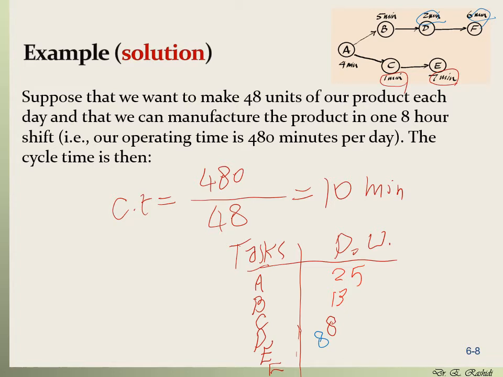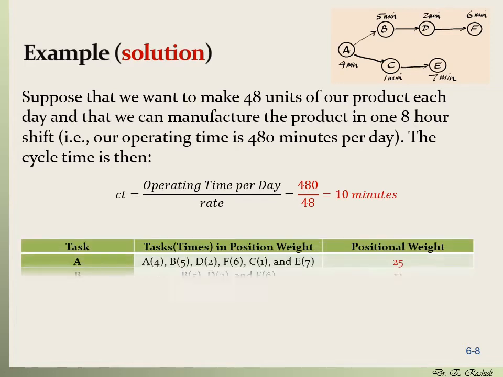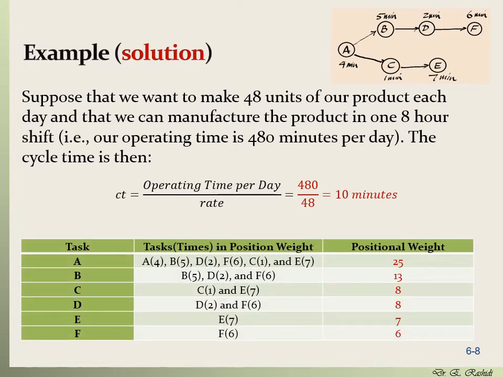Task E is only 7 minutes. And task F is 6 minutes. So cycle time 10 minutes, and these are the positional weights for each task.